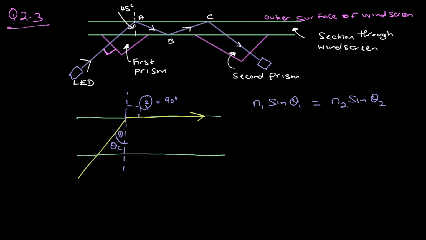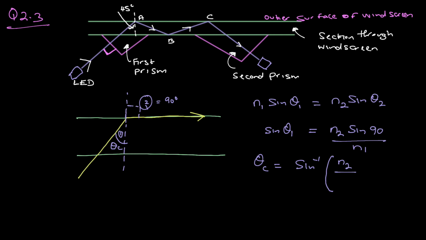So sine theta 1, the critical angle, will be equal to n2 sine 90 degrees, because theta 2 is 90 degrees, divided by n1. What we now need is the critical angle, because theta 1 is the critical angle. So theta critical will be sine to the power minus 1 of, open bracket, sine 90 is 1, so that will be n2 over n1.